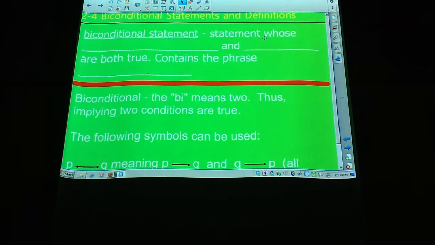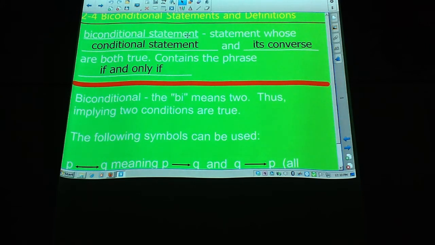A statement whose conditional statement and converse are both true can be written as one phrase that uses if and only if.